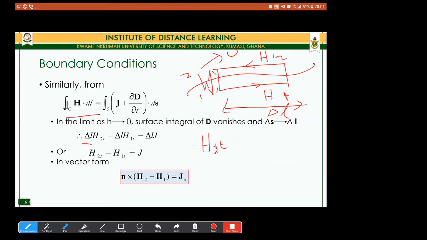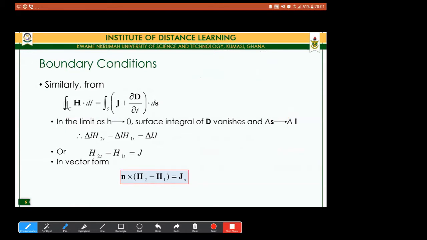We have H2 tangential times delta L, because this is H·dl, and then minus, because of the opposite direction, H1 tangential delta L, and that is equal to delta L times J. And this J is a surface current, but with respect to the line delta L. So delta L cancels out, and H2T minus H1T will be equal to J here.